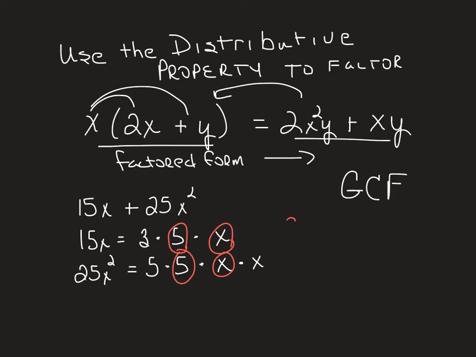The greatest common factor here between those two terms is 5x. Now, you might have been able to look at that and see that immediately, but if you couldn't, you factor each term and figure out what's common to both. So the greatest common factor is 5x.